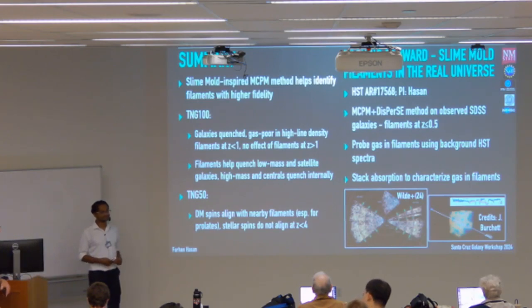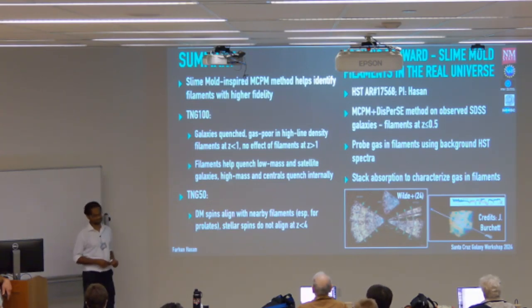I have a similar question slash comment compared to Charlotte's. So there are many ways that you can use DisPerSE, not only using tracers of galaxies above certain mass, but also you can pixelize the density field and feed the phase image directly to DisPerSE.